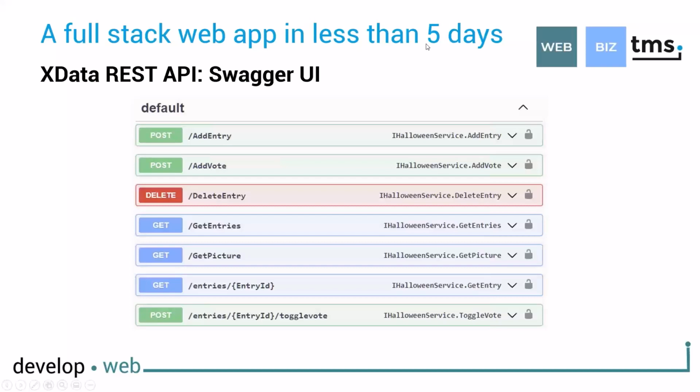If we have a look at the server side, here you can see the Swagger UI for the REST API backend server that was created with TMS XData. Here you can see via the Swagger UI the REST API backend endpoints.